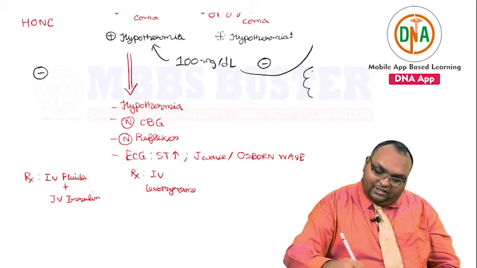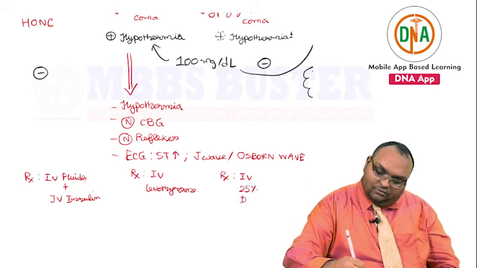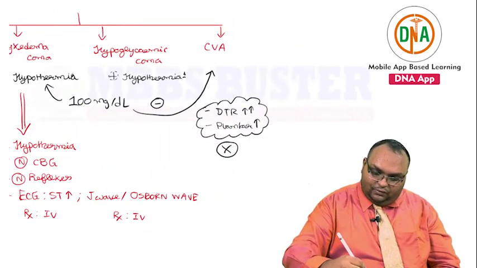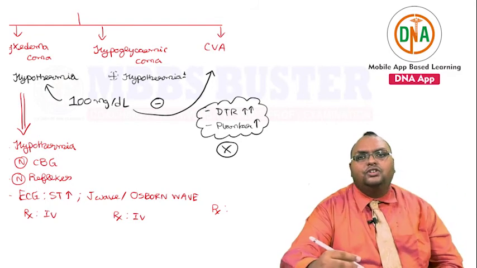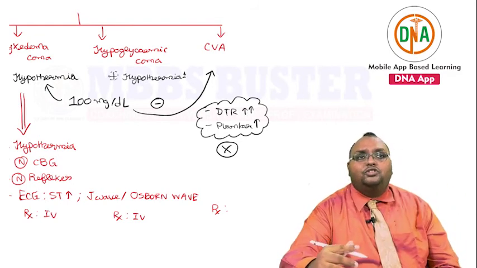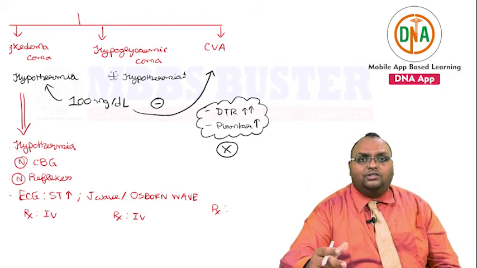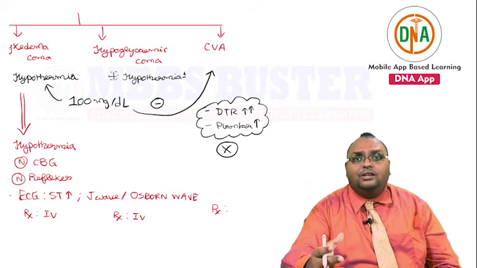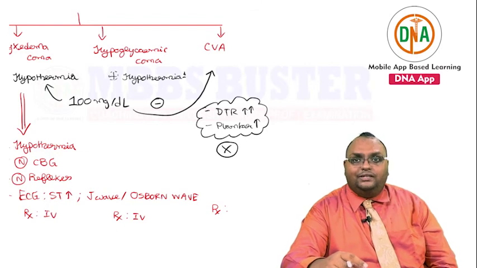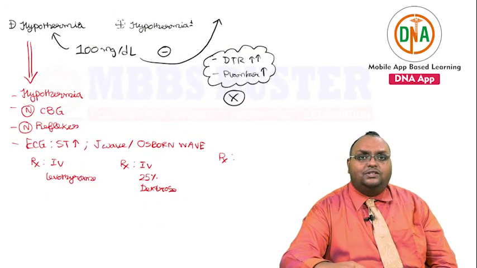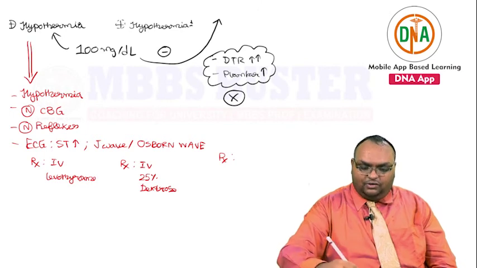If it were due to hypoglycemia, we would have to give IV dextrose, maybe 25% dextrose. And if it were a CVA, we would have to do a non-contrast CT scan first of all, to see if it is an acute ischemic stroke or a hemorrhagic stroke. Hemorrhagic stroke, we would look to reduce the intracerebral pressure by giving osmotherapy, including drugs such as IV mannitol, or we might even have to reduce edema by giving steroids, right? But if it is an acute ischemic stroke, we go in for thrombolysis with IV reteplase.